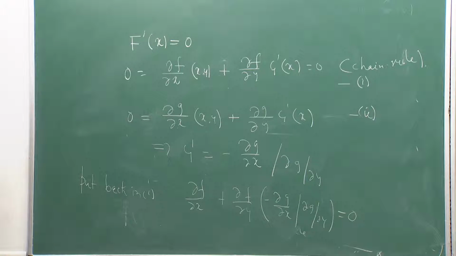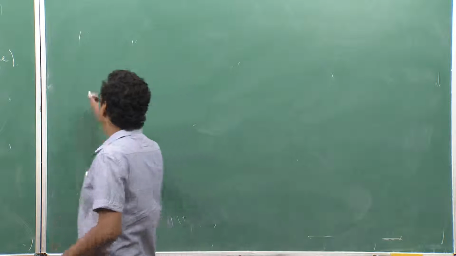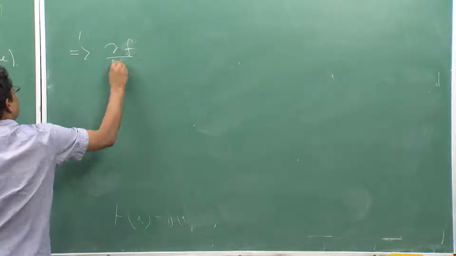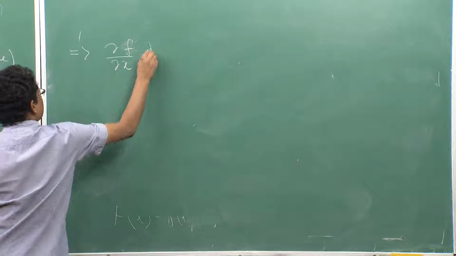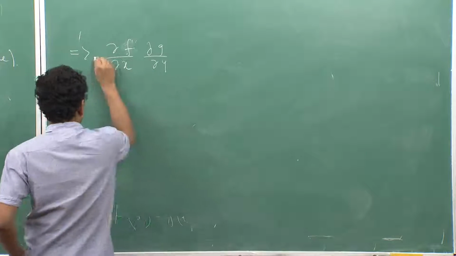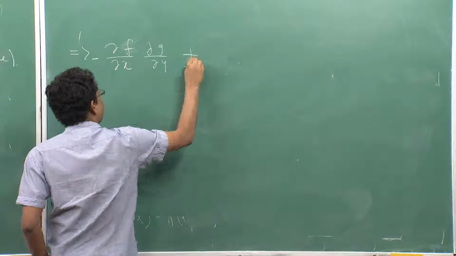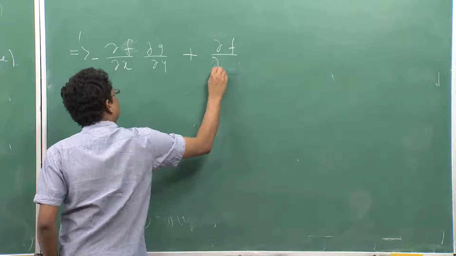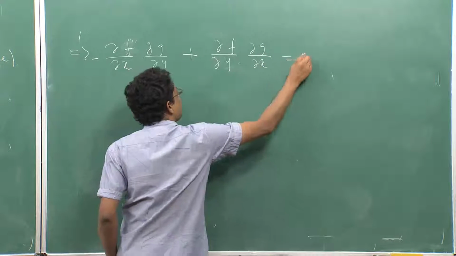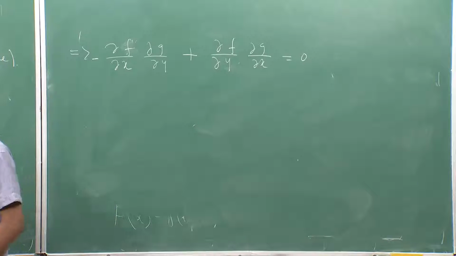So, I can get rid of the denominator, which will give us ∂f/∂x ∂G/∂y, okay, maybe minus, ∂f/∂y ∂G/∂x equal to 0 at the point of extremum, correct?